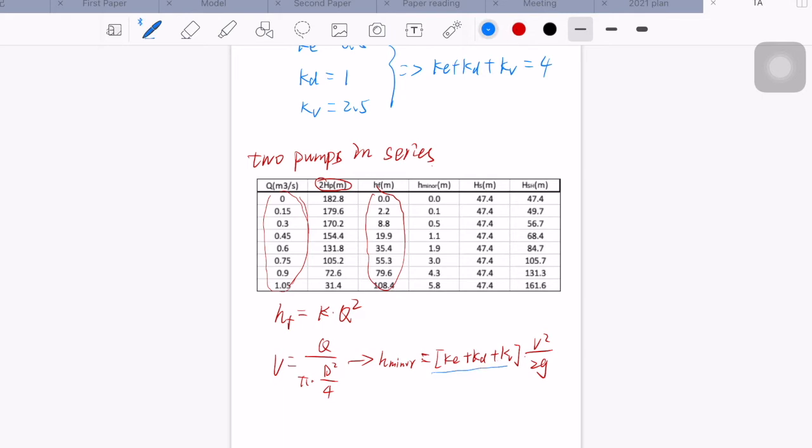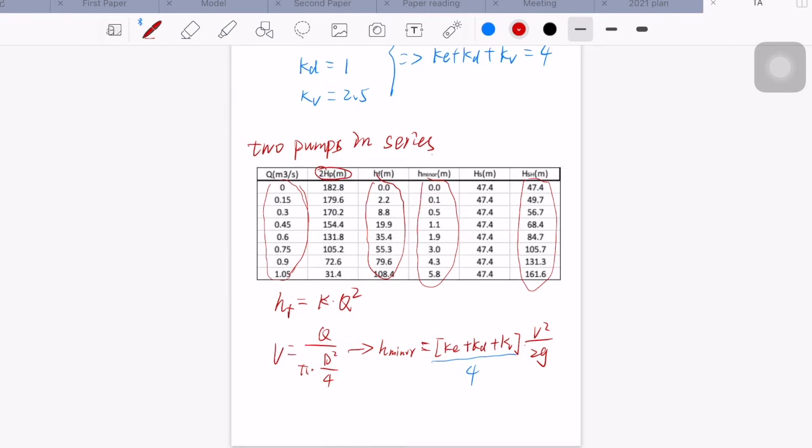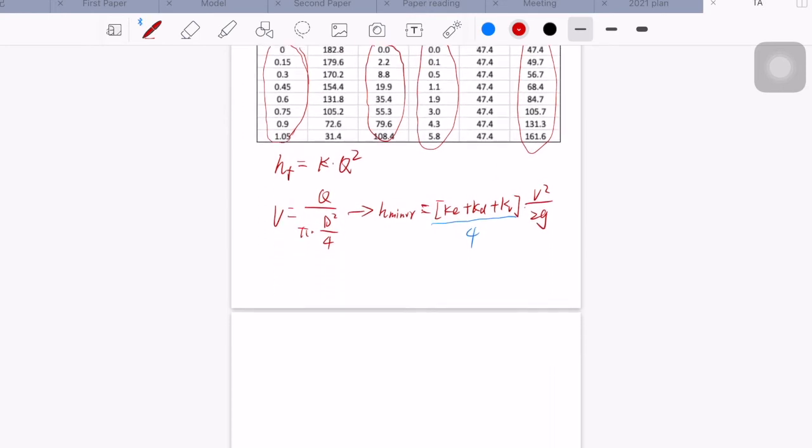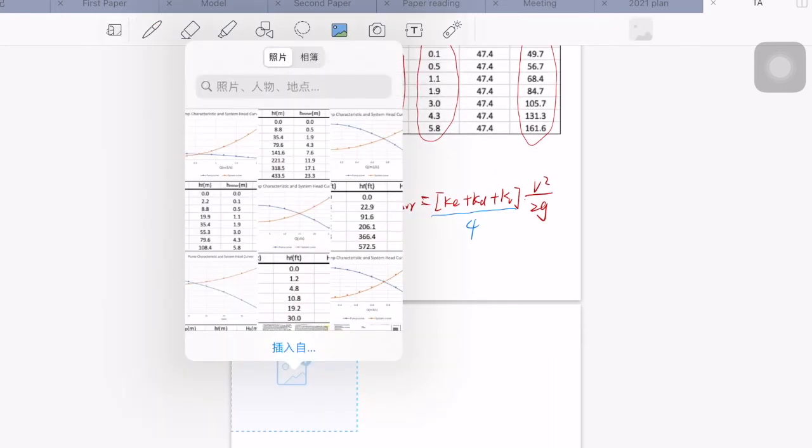This value we determined before is the 4. So we can calculate the minor losses in this column, and then we get the system head in this column. And then we plot the system head in a figure.